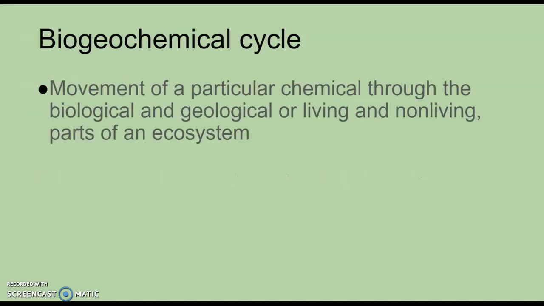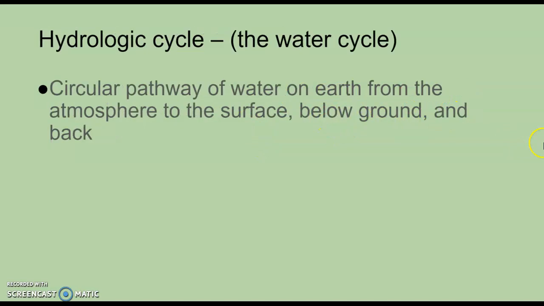So biogeochemical cycle, this is a movement, right? It's moving through a cycle of a particular chemical or compound through biological, living, and geological, like Earth, or I can say living and non-living parts of an ecosystem, right? And again, this is my biotic, abiotic.